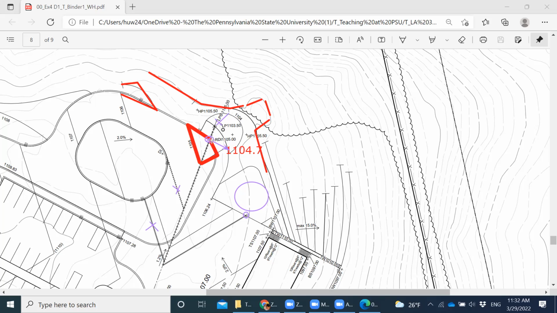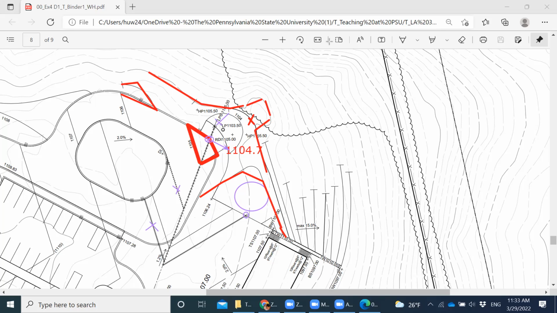So honestly, you don't need another 05 because you have a natural 05 over there. And this is 1104.65. You don't need another berm there. Your 06 goes out here like that. So that portion is not necessary. All right, that's about this one.